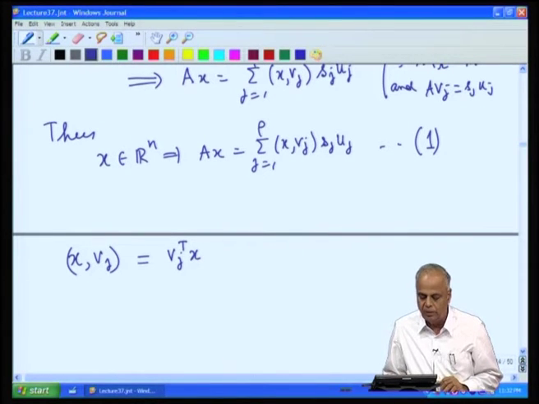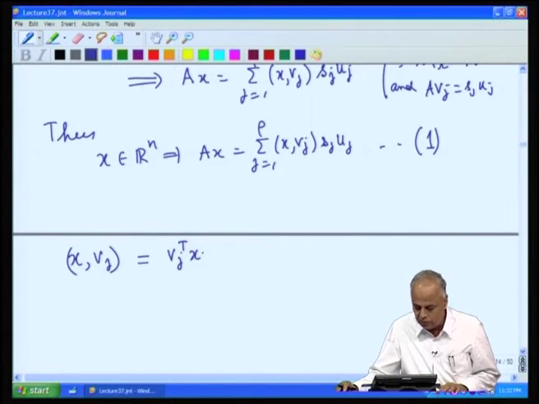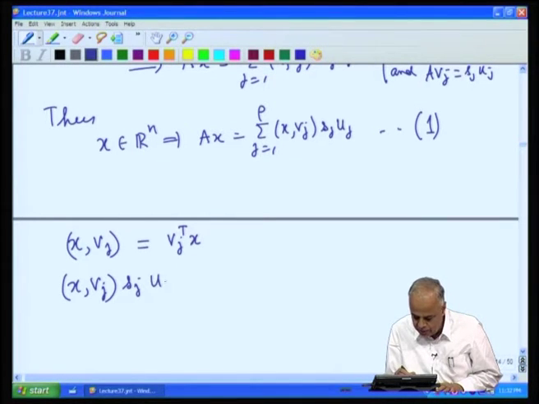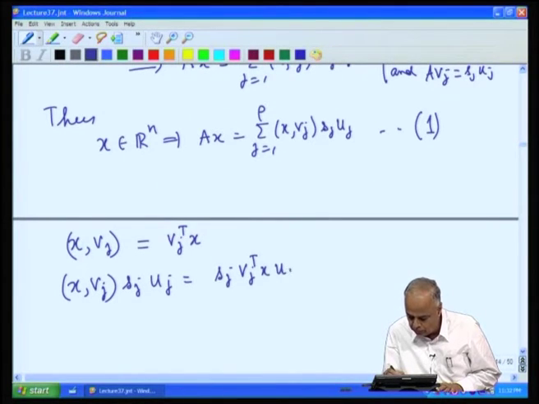So, since we are dealing with real vectors, the inner product of x and v j is v j transpose x, and therefore the inner product of x and v j times S j u j is the same as S j v j transpose x times u j.